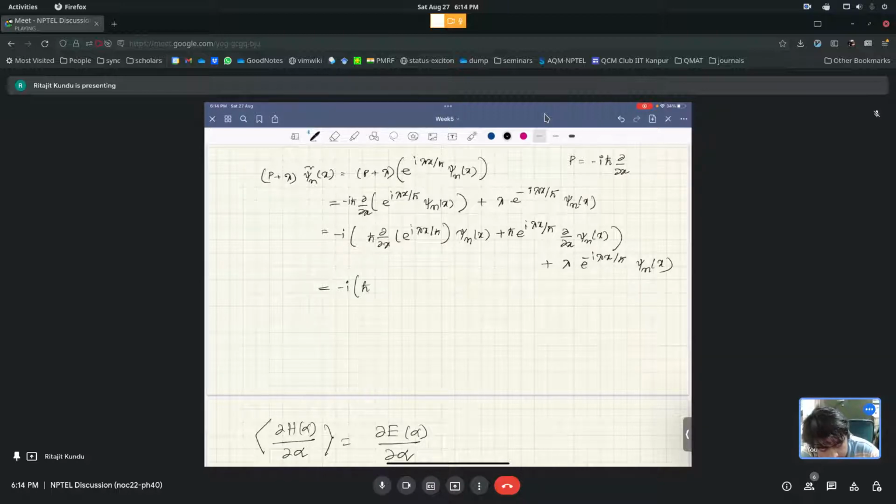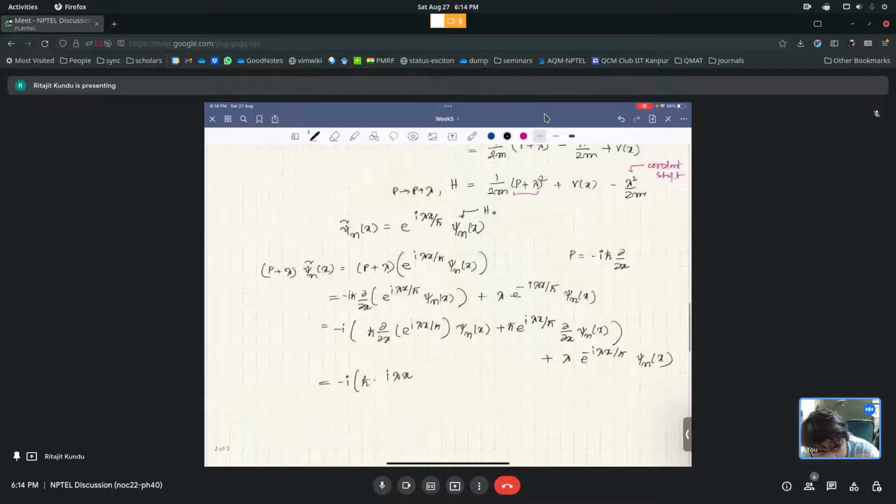h bar i lambda x. I think it should be a minus here, yeah, I missed the minus.